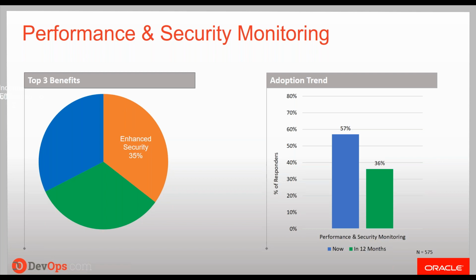And when we look at the top 3 benefits, enhanced security was 35%, rapid troubleshooting was 33%, and increased efficiency, 32%. So just about a third, and a third.